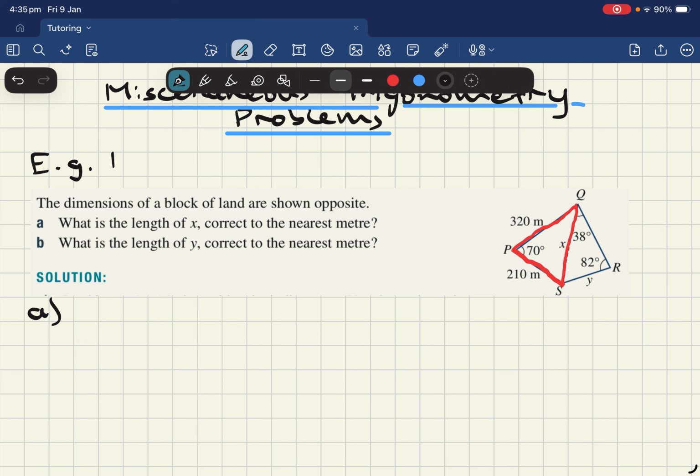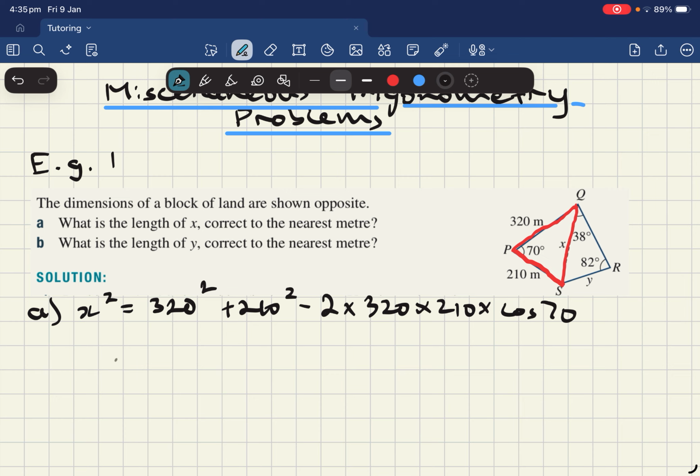So using cosine rule, we know that x squared equals 320 squared plus 210 squared minus 2 times 320 times 210 times cosine 70. So just to find x, we are going to square root this entire expression.